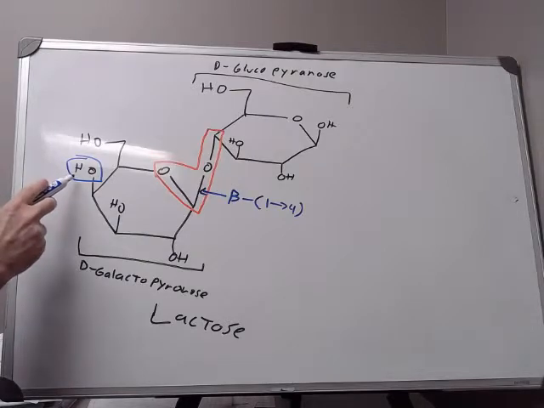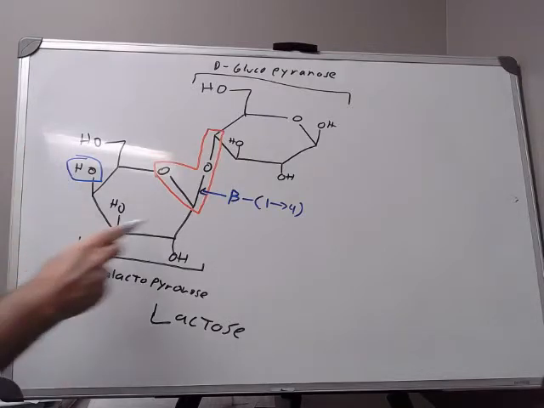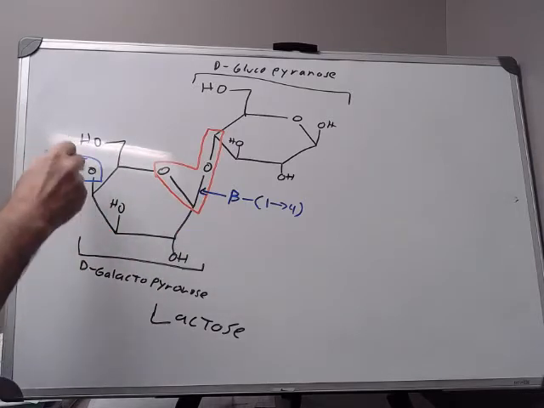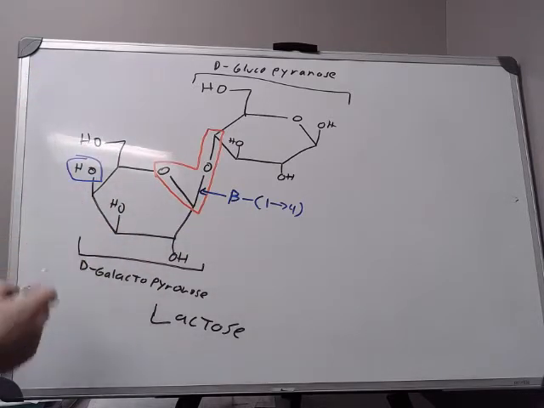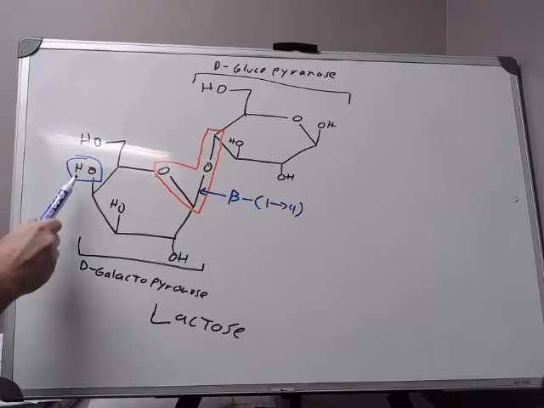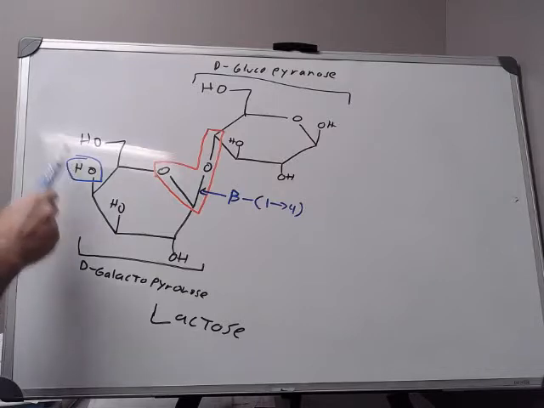In cellobiose, this is a glucose instead of a galactose, and in glucose, this hydroxyl points down, whereas in galactose, that hydroxyl points up. And so just this position of this one hydroxyl group affects our body's ability to digest it.